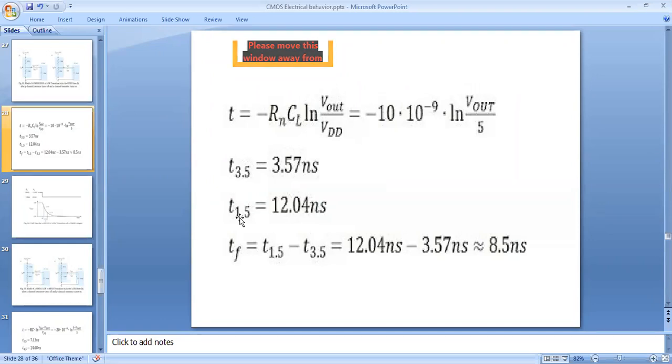You must do the derivation. How much did you get? 12.04 nanoseconds.